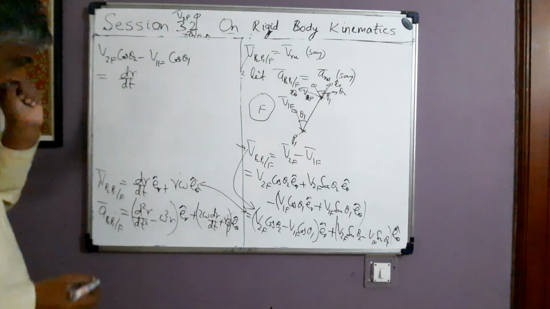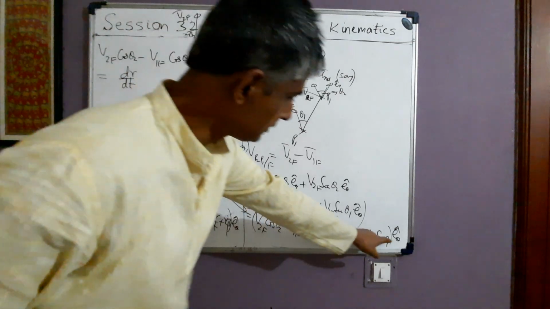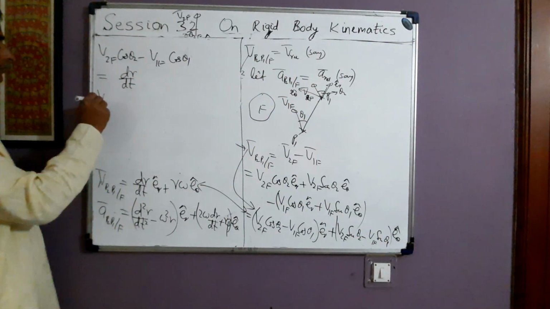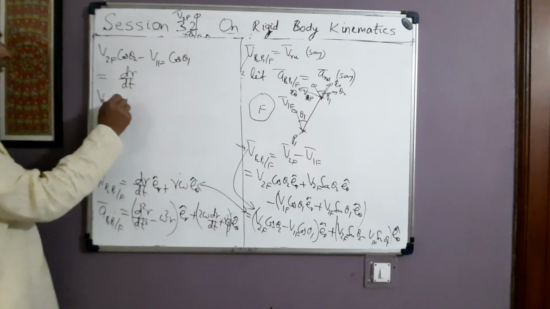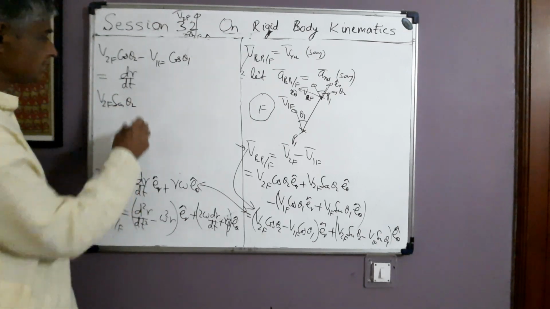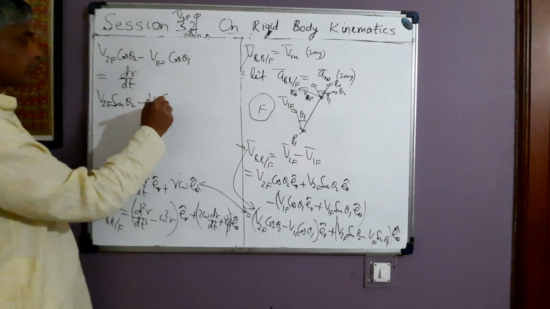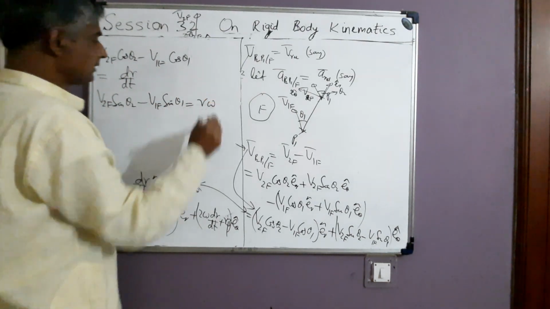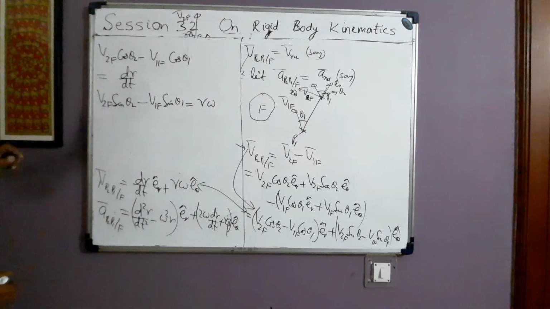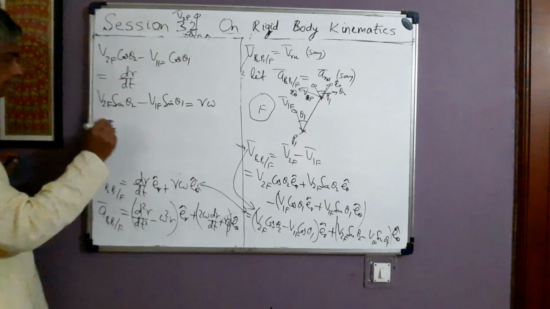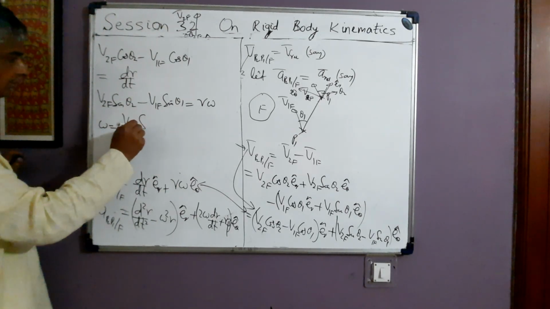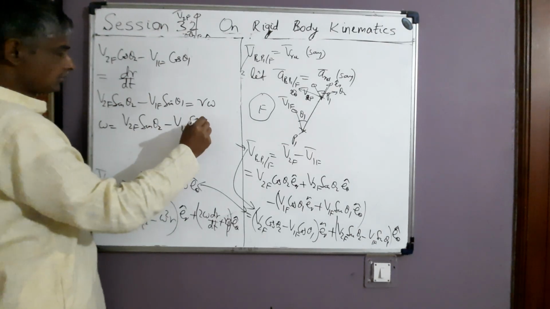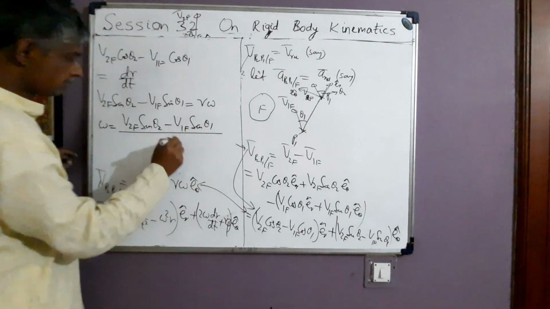And if we equate the corresponding coefficients of E theta on both sides, we get V2F sin theta 2 minus V1F sin theta 1 is the same as R omega. So omega becomes V2F sin theta 2 minus V1F sin theta 1 by R.